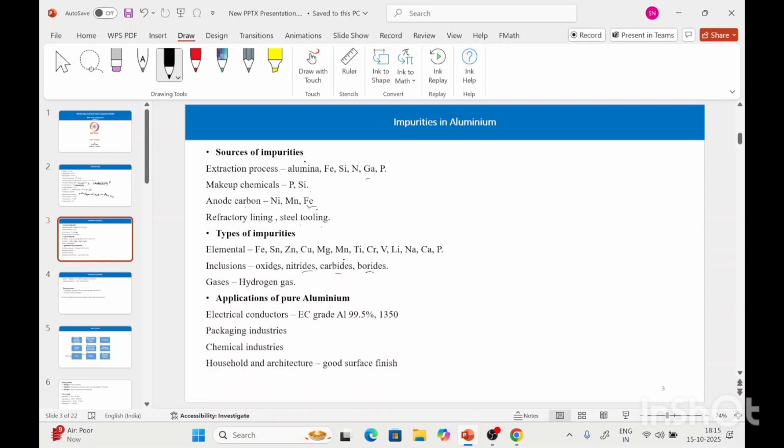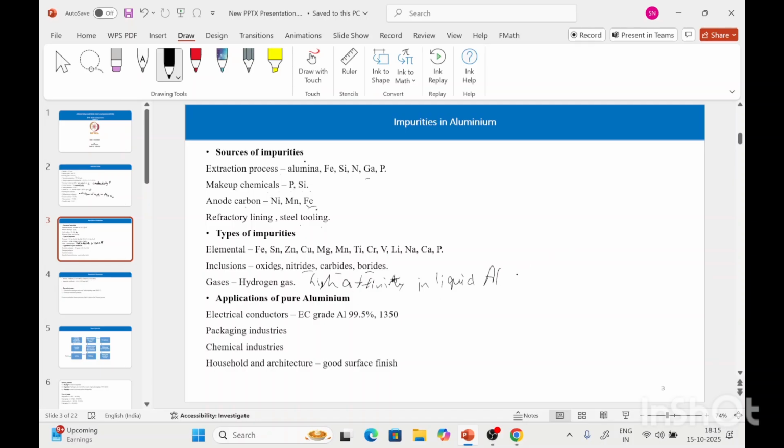Hydrogen gas has a very high affinity in liquid aluminium.